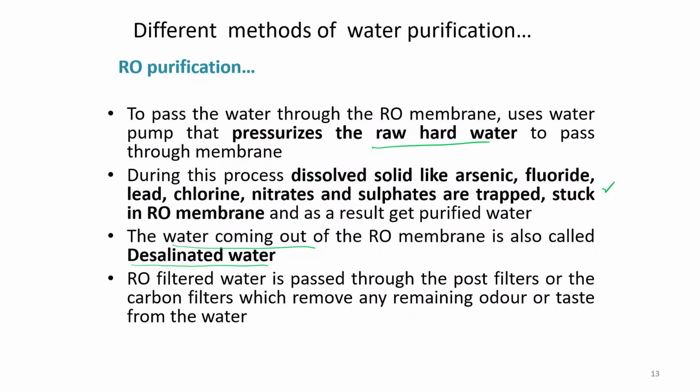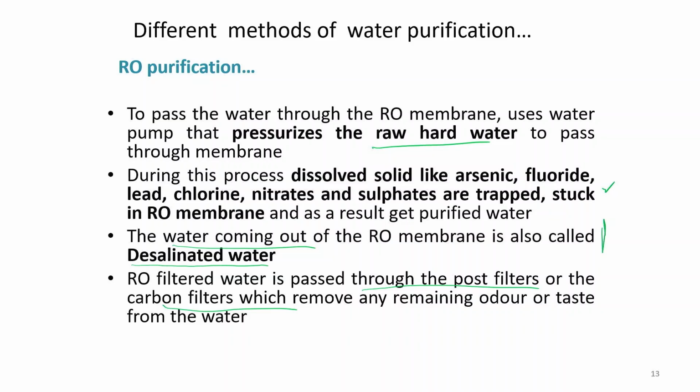The RO filtered water then passes through the post filter, or the carbon filter. RO has removed all the solid particles, but there may be some odor, some volatile compounds.